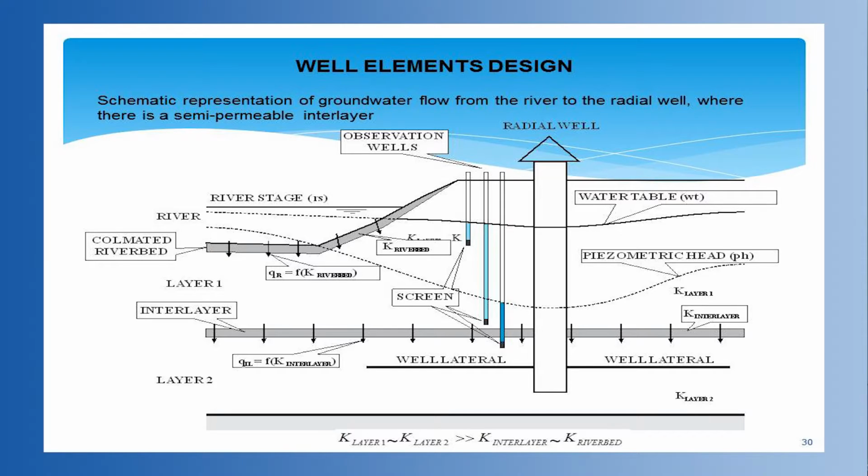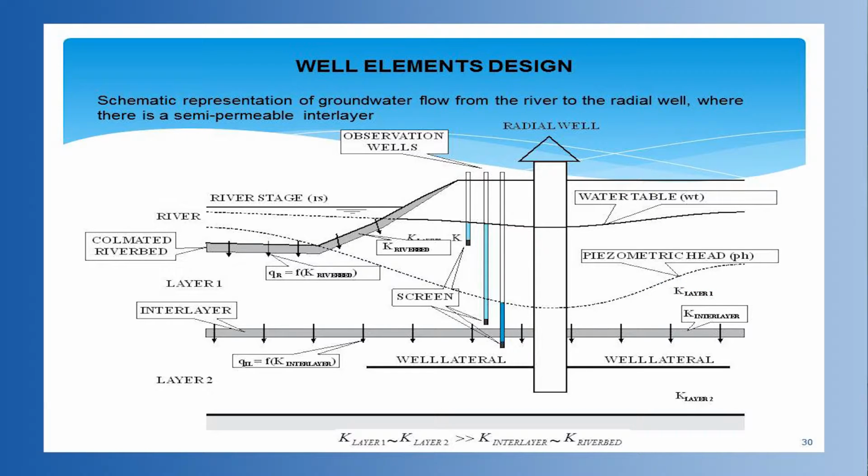You have a first piezometric line or water table, and after that down you have piezometric head on the lower aquifer. You have one interlayer, or let us say aquitard or something like that.